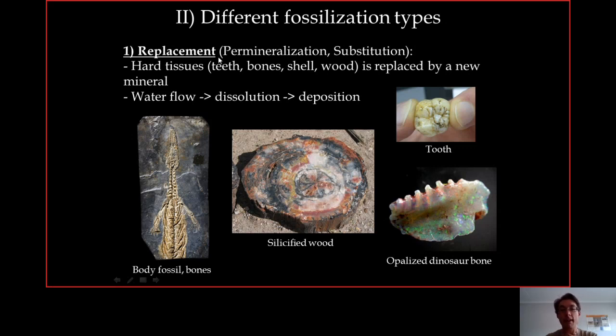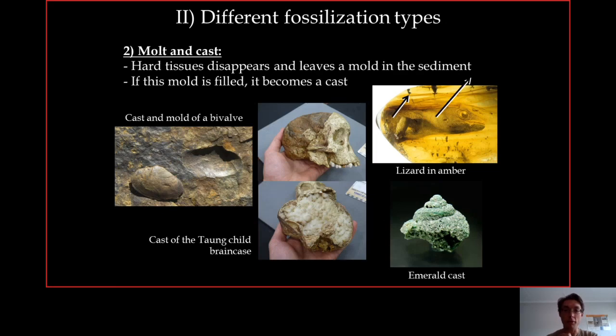Sometimes you will find, for example, on Wikipedia, the page I've given you at the bottom of the lesson, they will talk about permineralization and substitution. These are other words, subcategories of replacement. But in the end, you end up with a replacement of your organism by a new mineral.